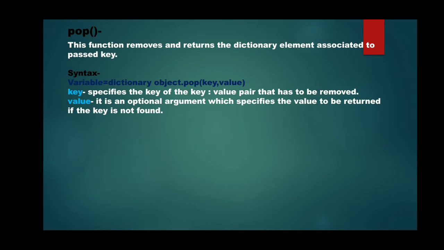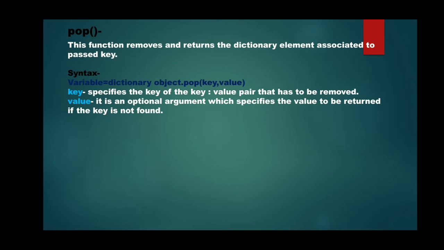That function is your pop function. The pop function is basically used to remove a key value pair from the dictionary, and it also returns the value of the key that is removed from the dictionary.